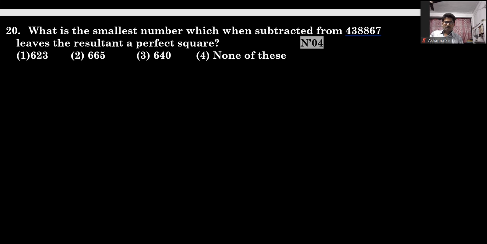Question number 20. What is the smallest number which when subtracted from 4,38,877 leaves the resultant a perfect square?